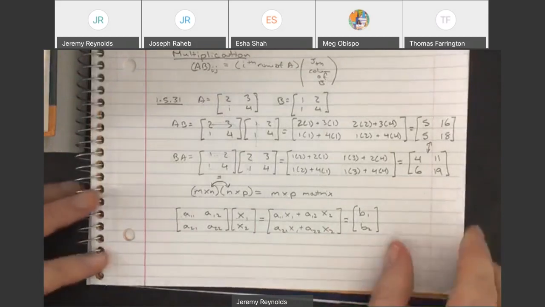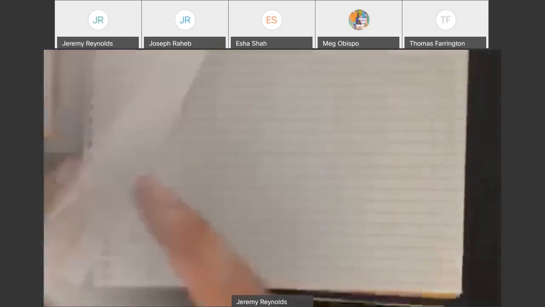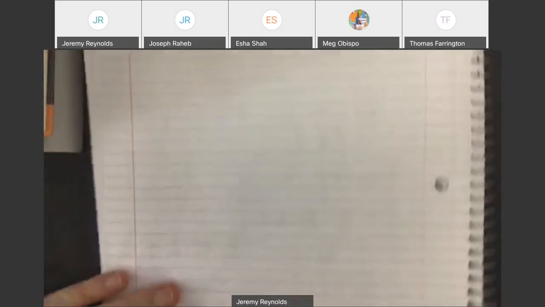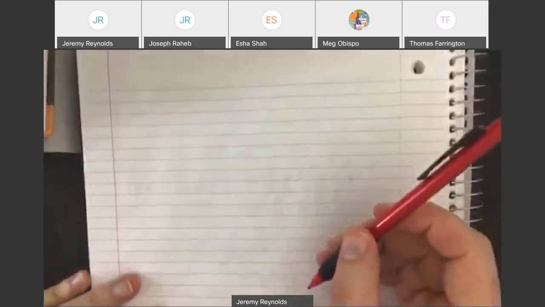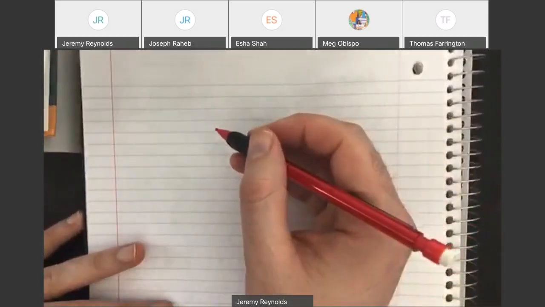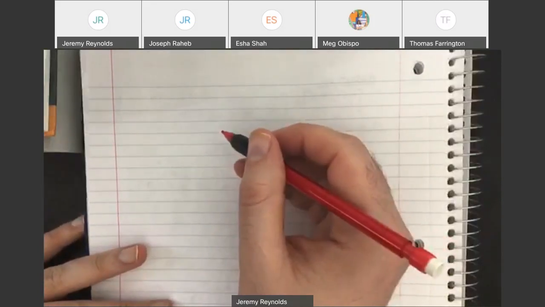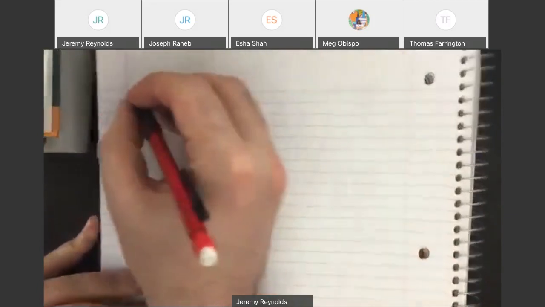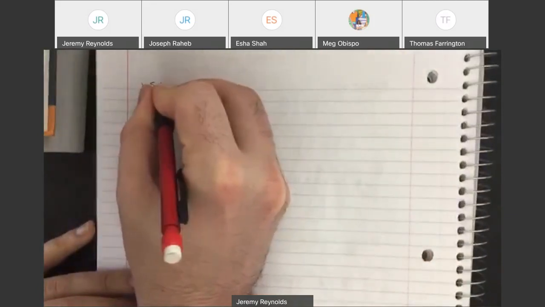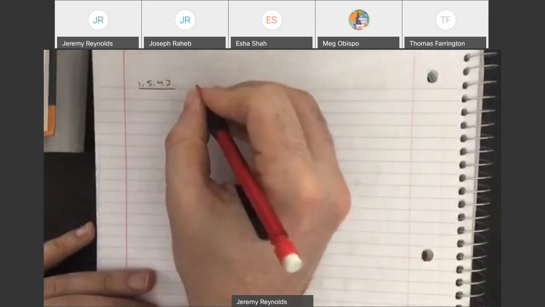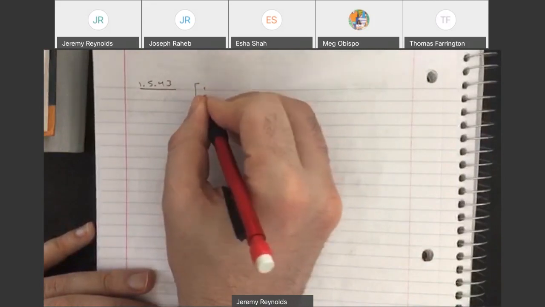All right. So then, another thing that we get out of that is we can write answers to a system of equations in something that's called vector form. So let's look at 1.5.43. We have this problem.